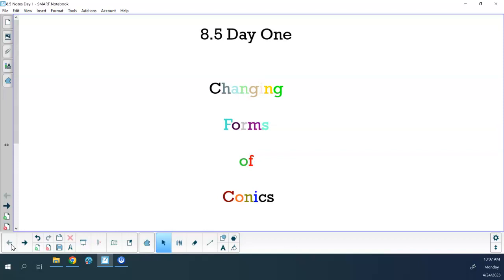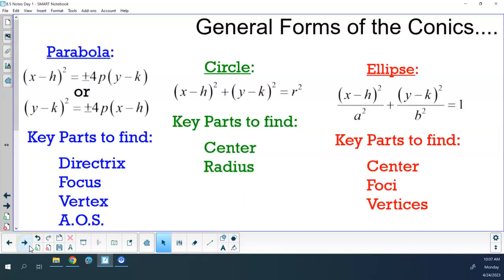Now, a lot of this stuff on this next slide, you already have written down on your supplemental note sheet. Okay? If you don't have it written down on your supplemental note sheet, you're going to need to do some scribbling real fast here. So, on this one slide, I have the general forms for each of the 4 conics.